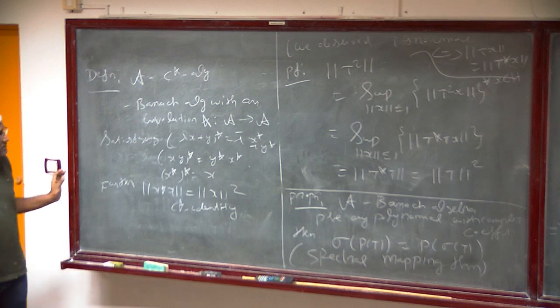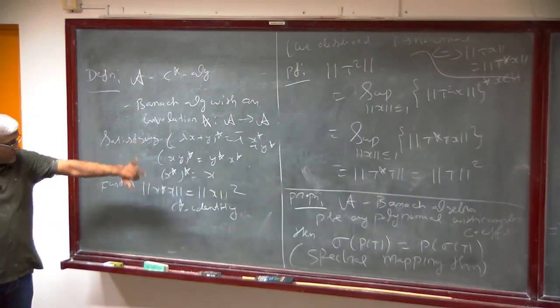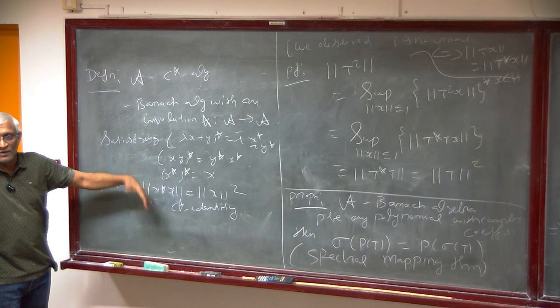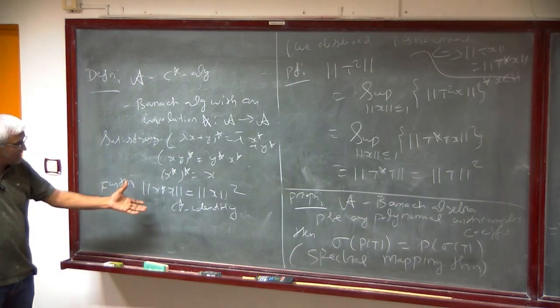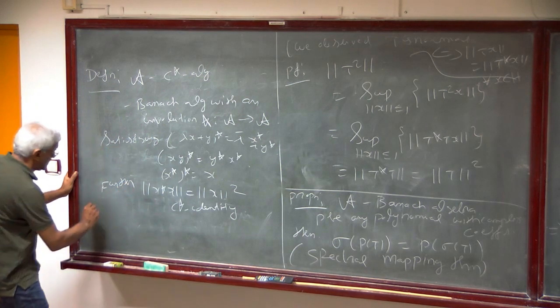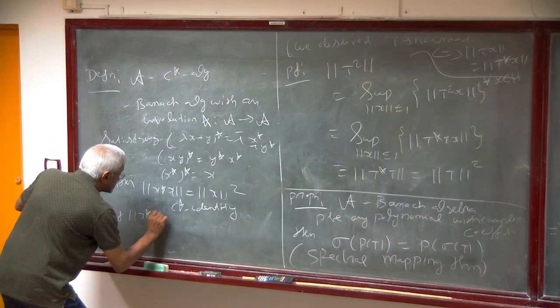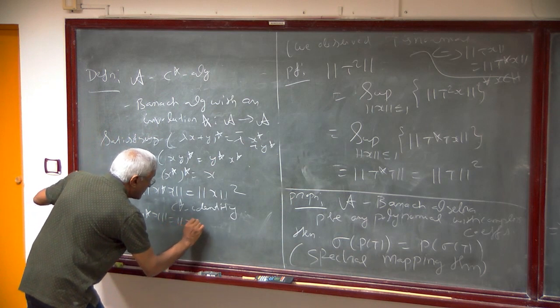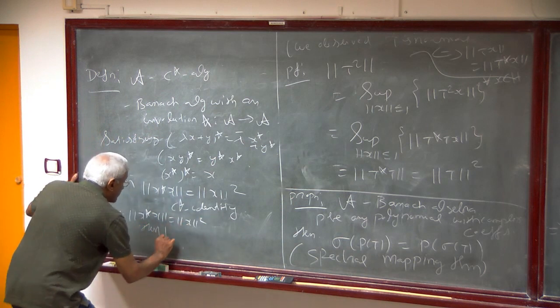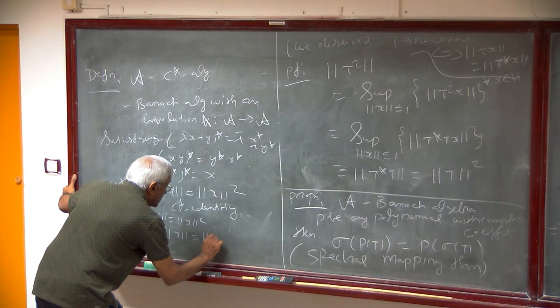There may be a Banach algebra with an involution that does not satisfy the C-star identity. If it satisfies the C-star identity, that is, the norm of x star x equals the norm of x squared, then the norm of x equals the norm of x star.